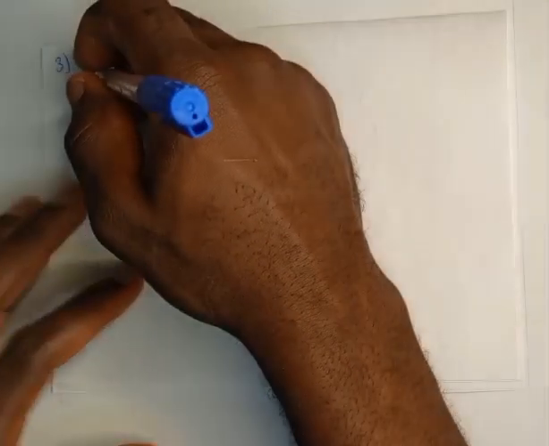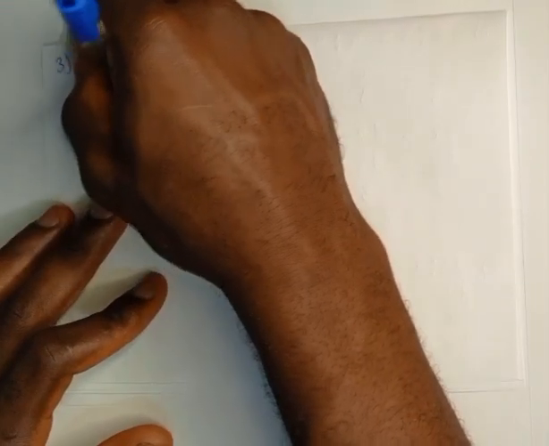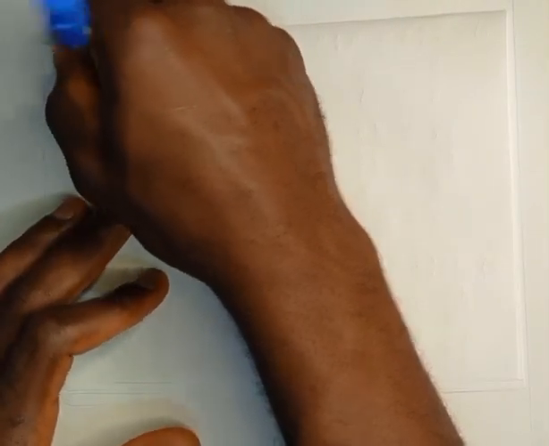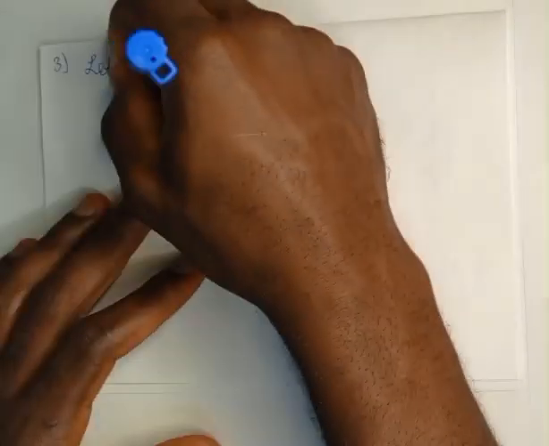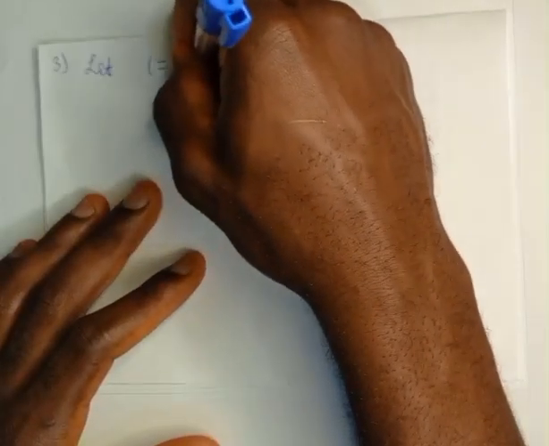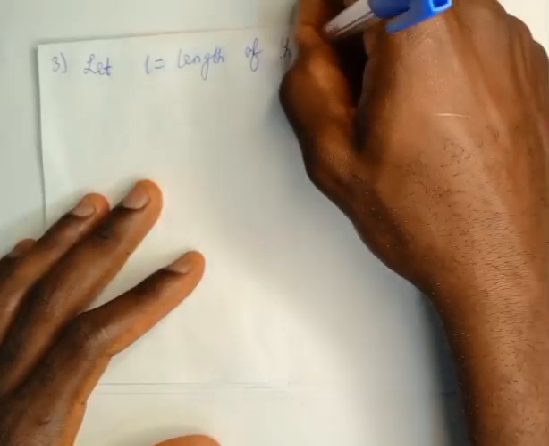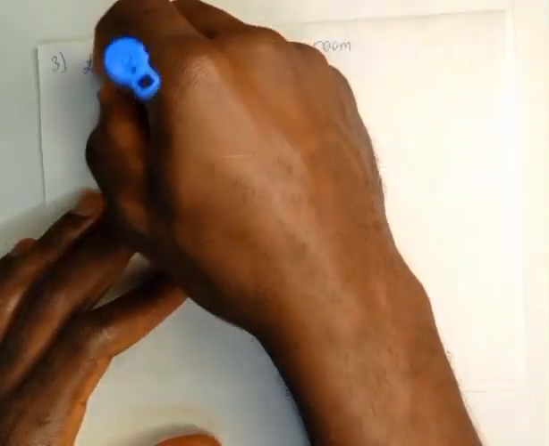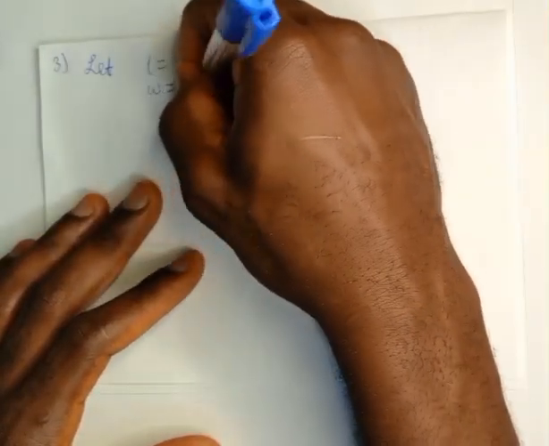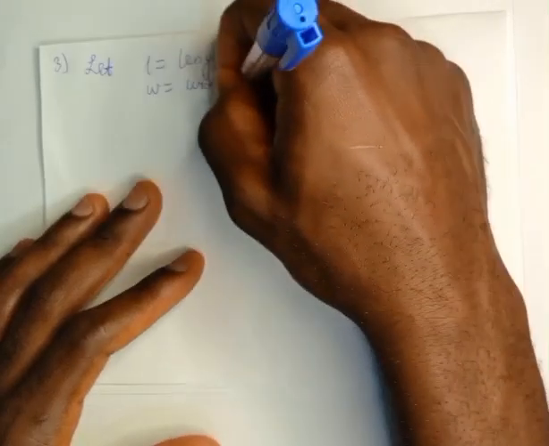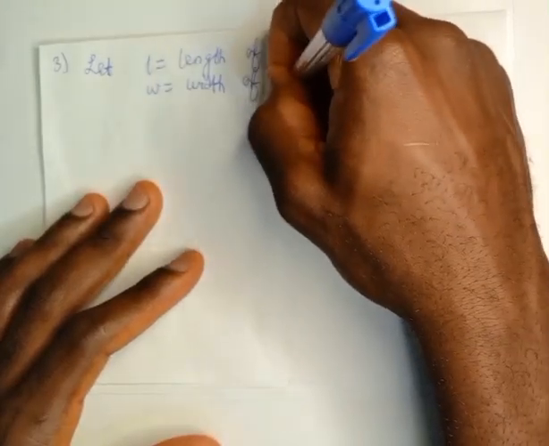First thing, we have been told that the ratio of the length to the width of the room is 3:2. We are going to start by letting L be equal to the length of the room and W to be equal to the width of the room.